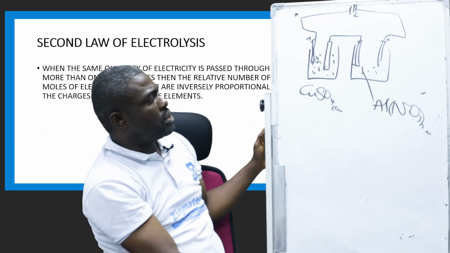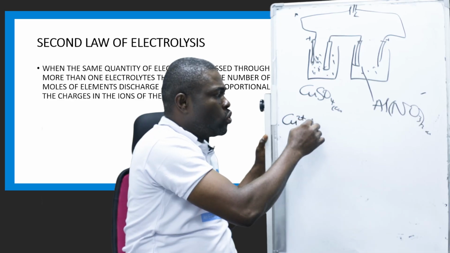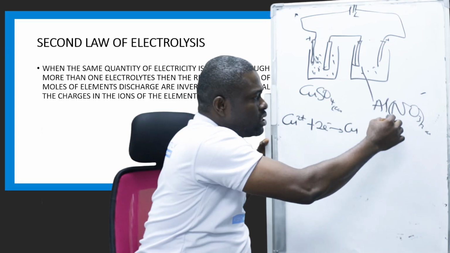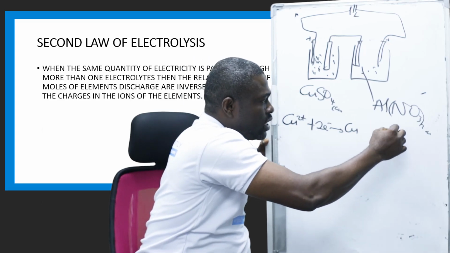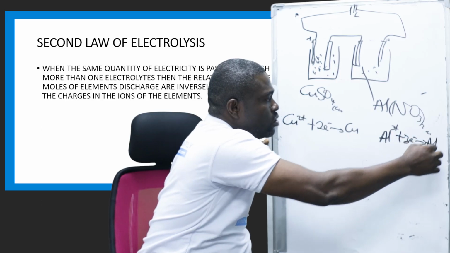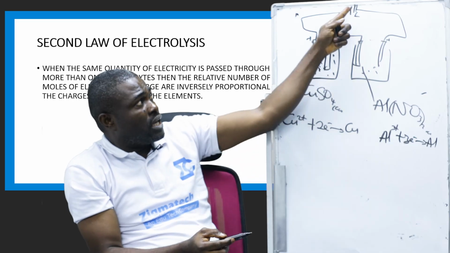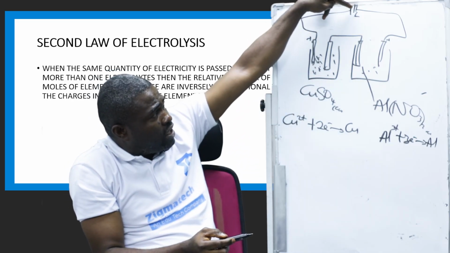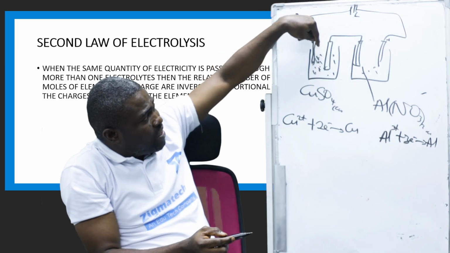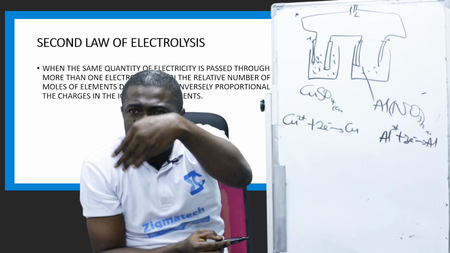Now the question is, what is discharged here is copper 2, of course, which will pick 2 electrons at the cathode to become neutral copper. And what is discharged here is aluminum 3, which will pick 3 electrons to become neutral aluminum. This is the second law. He stated, once a certain quantity of electricity is passed from here, whatever enters here will be the same quantity of current that enters here. Then what did he notice further?